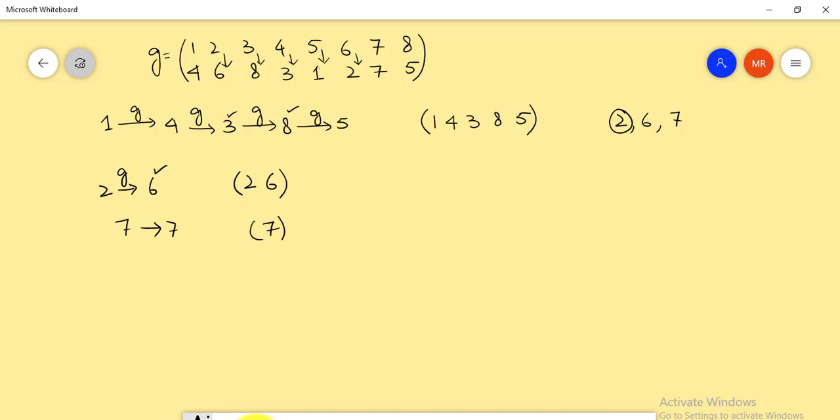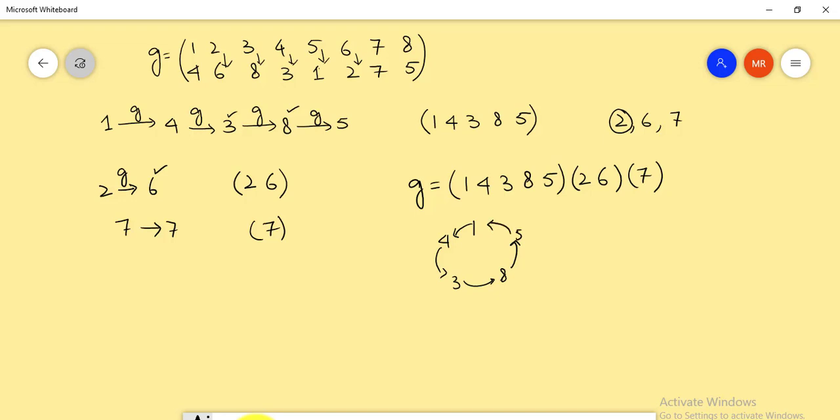And this whole permutation G can then be represented as 1, 4, 3, 8, 5, 2, 6, 7, or in cycle representation: 1 to 4, 4 to 3, 3 to 8, 8 to 5, and 5 back to 1. This one can be represented as 2 to 6 and 6 back to 2.